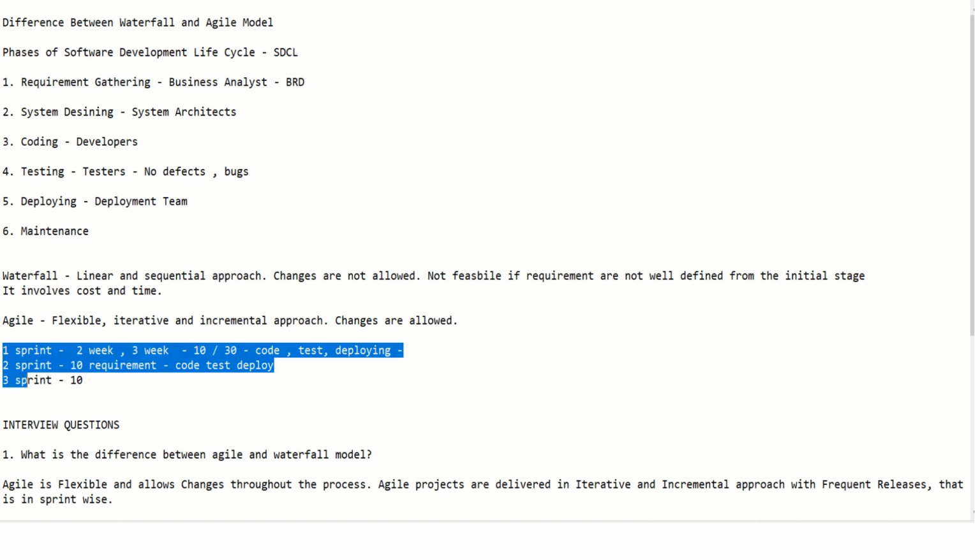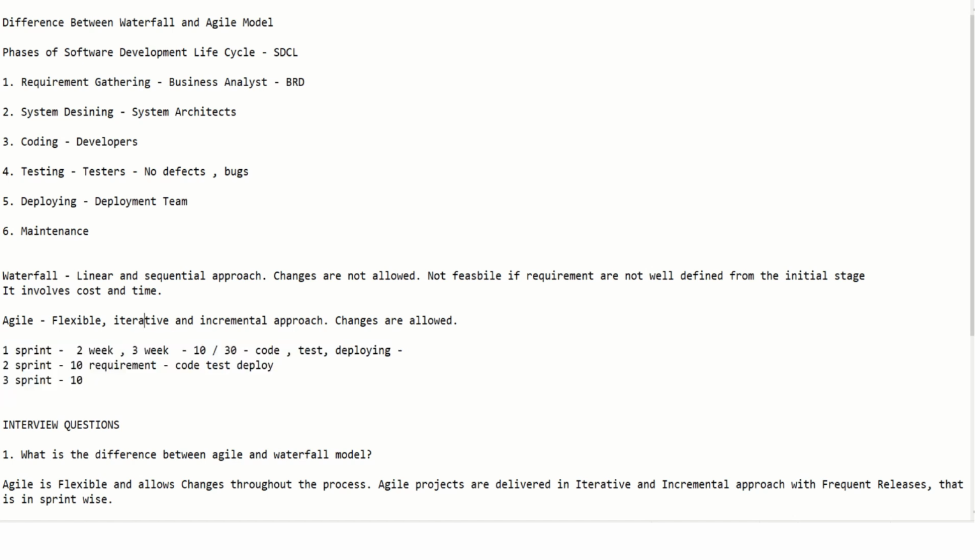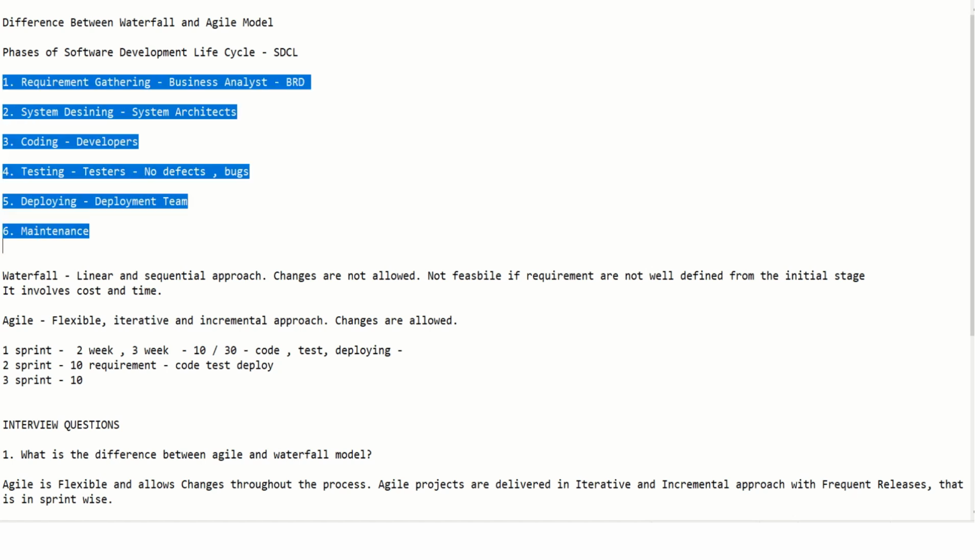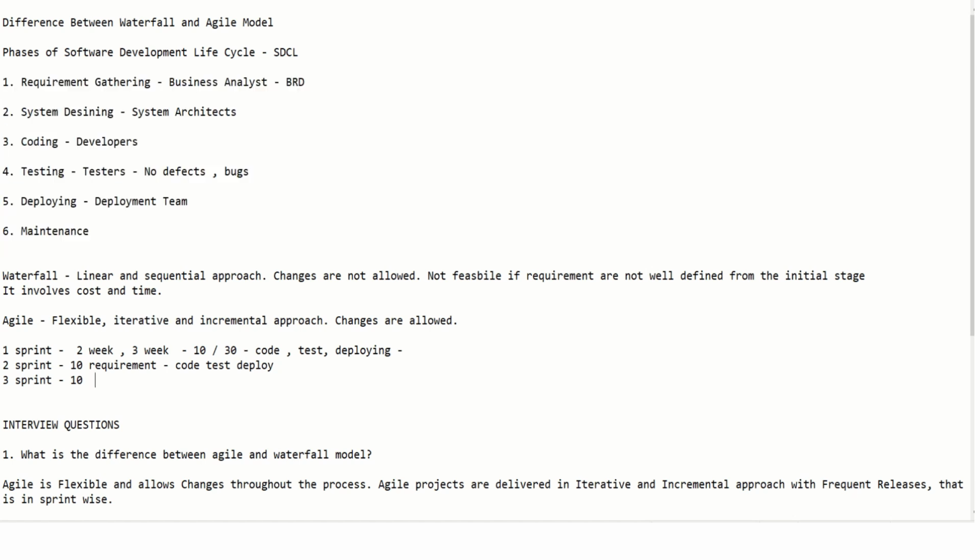So repeating this cycle is called iterative approach. Okay, so in this way what's happening, we are not delivering the software to the client at the end of the software development life cycle. We are breaking the project in parts, and we are developing it and we are giving it to the client so that they don't have to wait for 1 year or 2 years to complete the project.